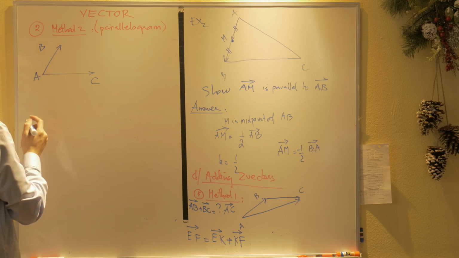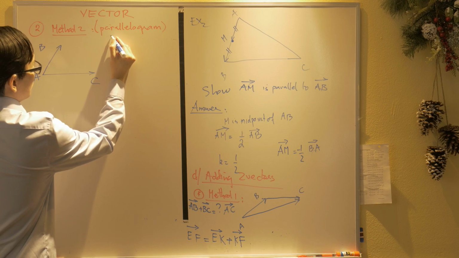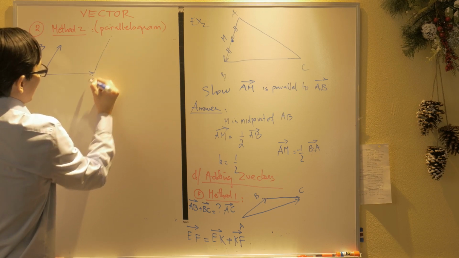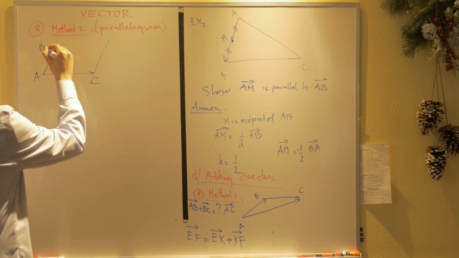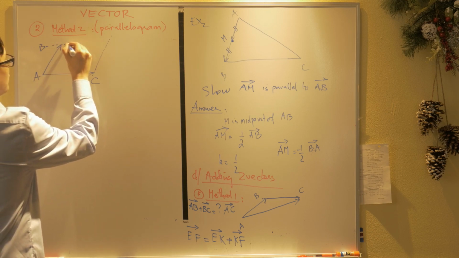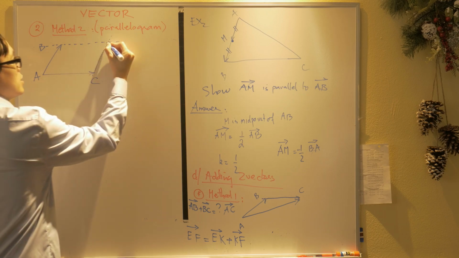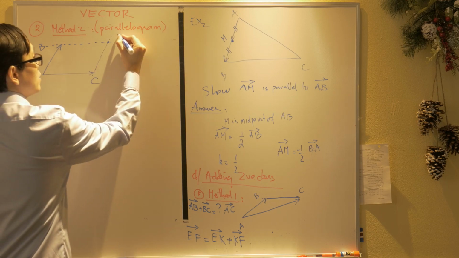Based on vector AB, I can draw a line parallel to AB, and I can also draw another line parallel to AC. These two lines intersect each other at another point. I call it point D.